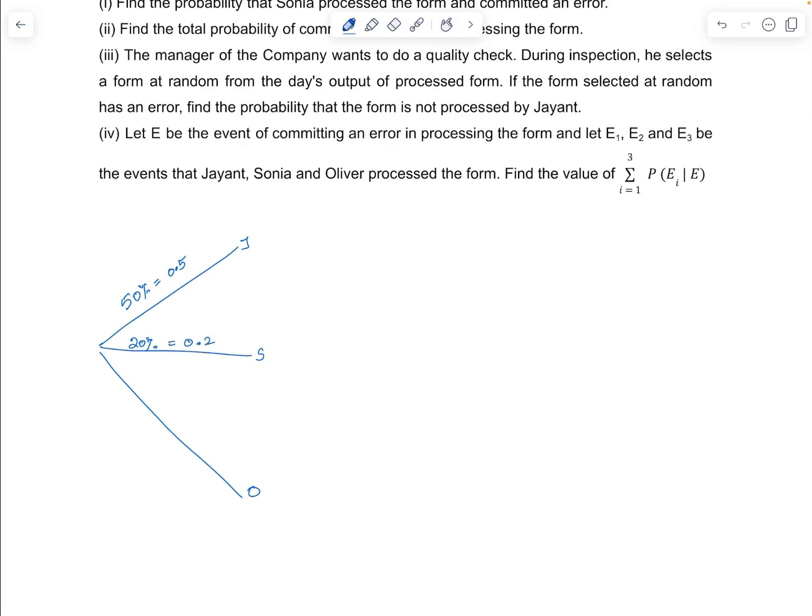Oliver processes 30%, which is equal to 0.3. Error rate for Jayant is 0.06. Error rate for Sonia is 0.04, and error rate for Oliver is 0.03.